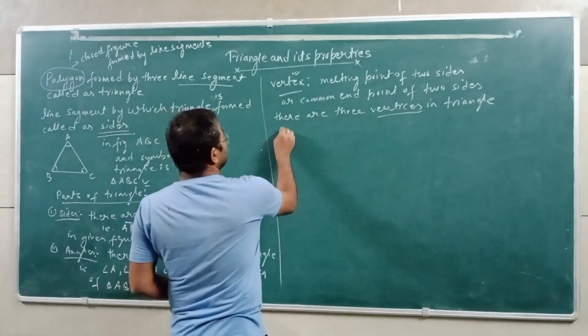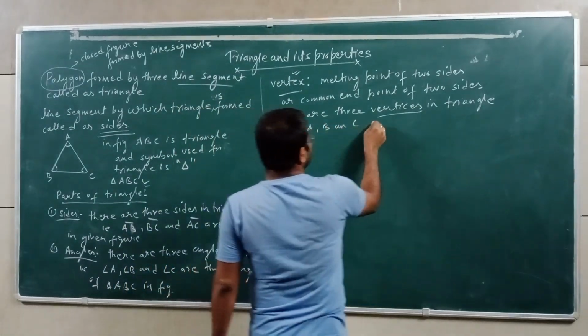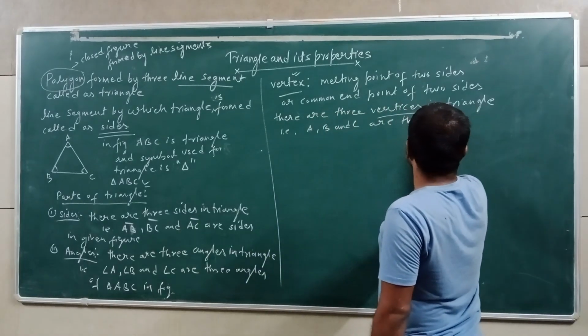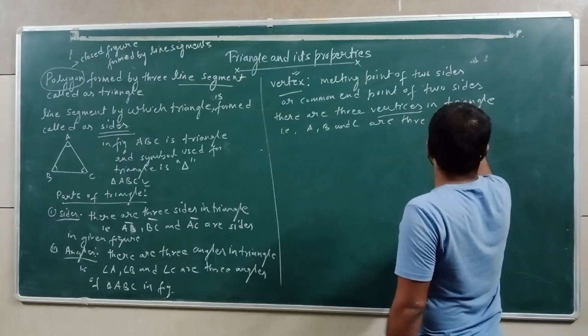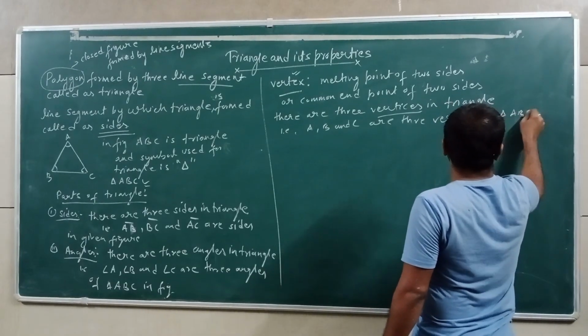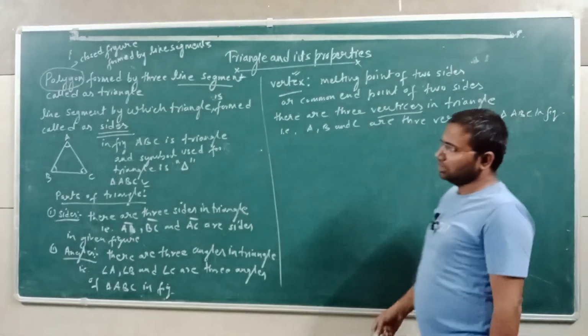So A, B and C are the three vertices in triangle ABC in the given figure.